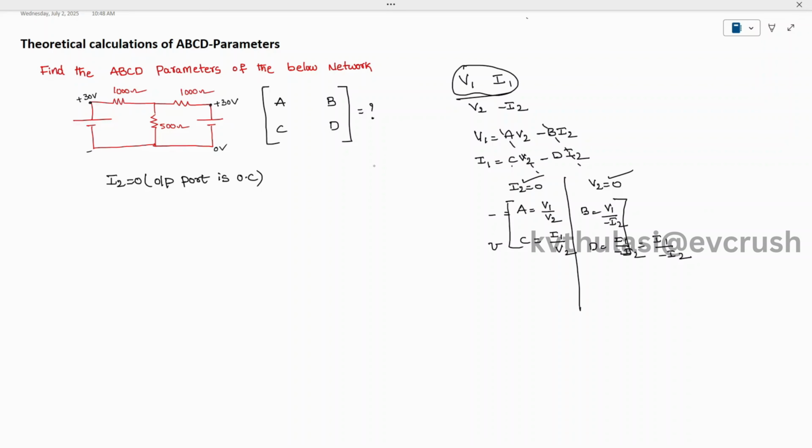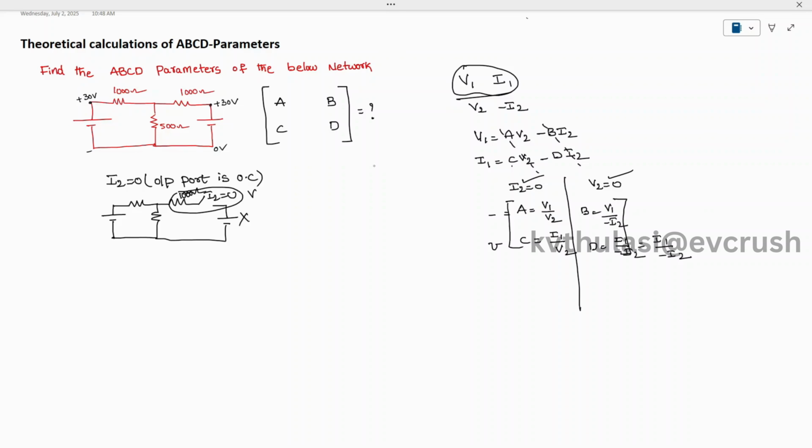I2 being 0, let's draw the circuit. This is the circuit we have, and this is also 1000. This is open, and the source is available here. As soon as I2 is 0, even if you apply the voltage source, the current doesn't flow through this resistor of approximately 1000 ohm.